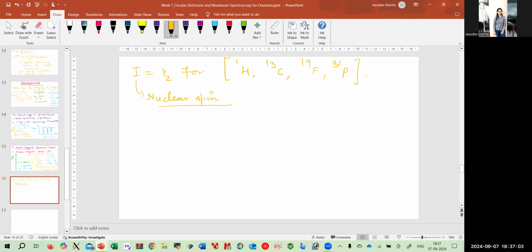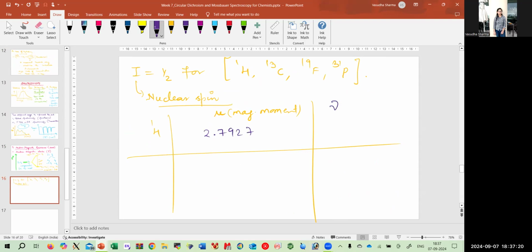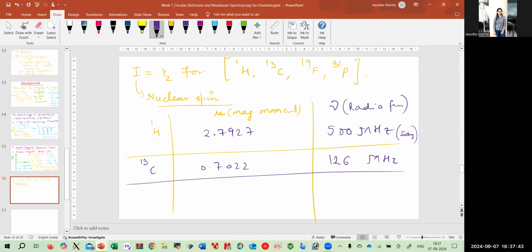Say for proton, the mu, the magnetic moment, is a property of the nucleus. It would be 2.7927, and the radio frequency required for resonance would be, say, 500 megahertz. I'm saying that we are taking it in case of the instrument. For 13C, it would be 0.7022 and approximately 1 by 4th of what we are using for proton because of the gyromagnetic ratio.